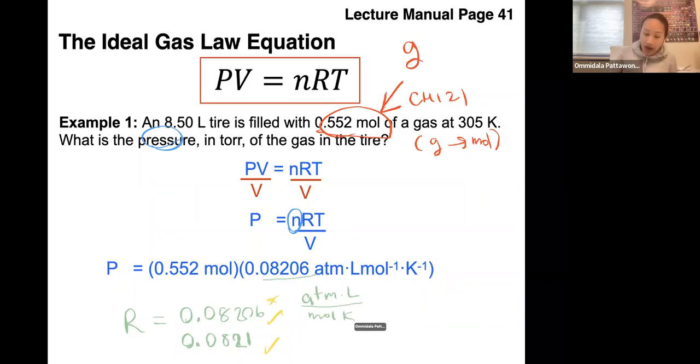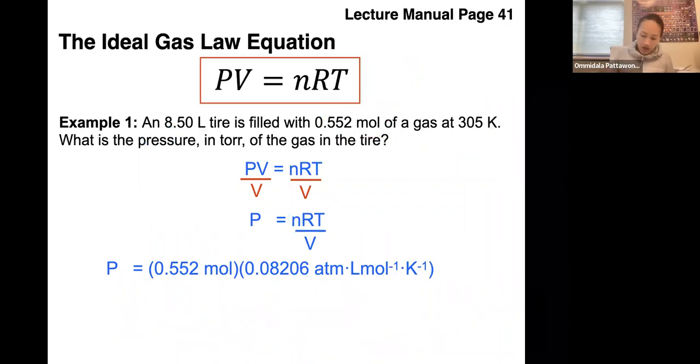Or, because anything under division has a negative exponent, you can rewrite it as atm times liter times mole to the -1 times Kelvin to the -1. These two are identical as well, so either way you can use to set up your calculation, and either way should be correct.